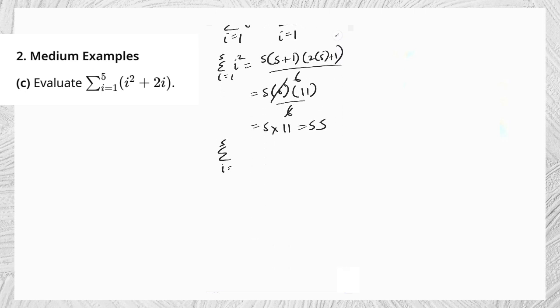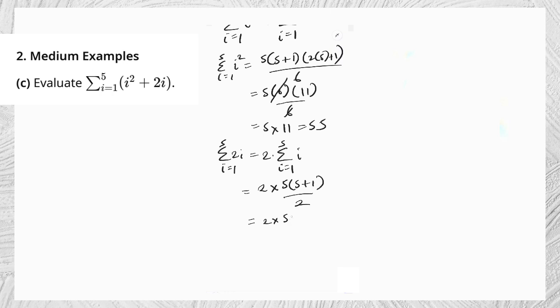Now, for us to find the other part of the sum, we know that 2i, we can sum i equals 1 up to 5 for 2i, and 2 is a constant, so we apply another property of linearity. The constant 2 can go outside, and now that we have summation of i equals 1 up to 5 for i, we can apply the other rule that says n times n plus 1 divided by 2.